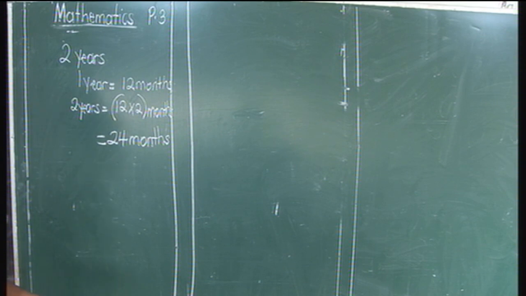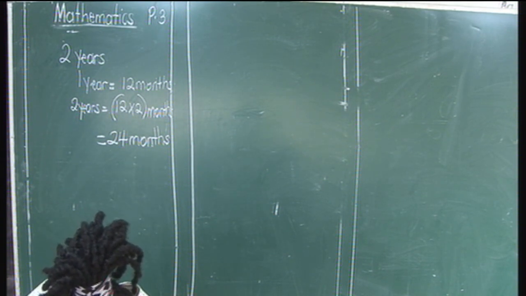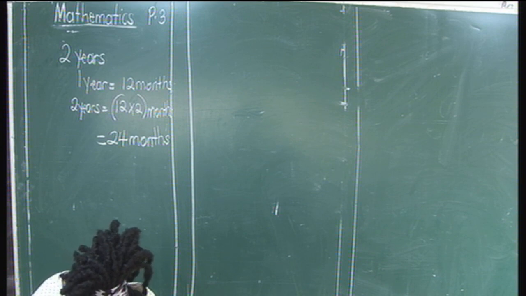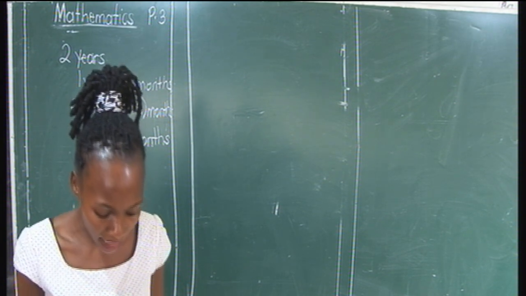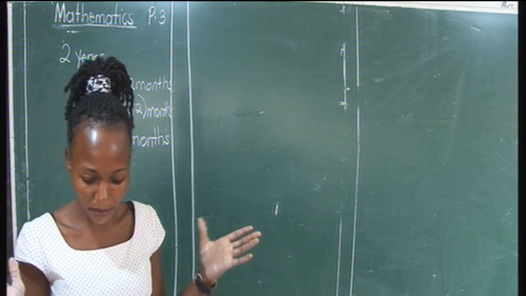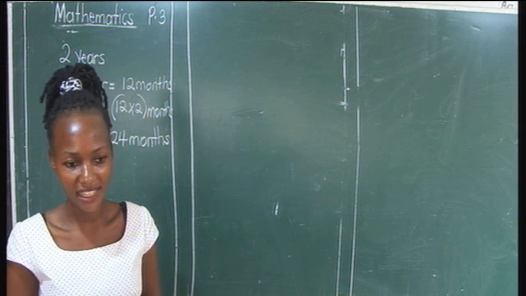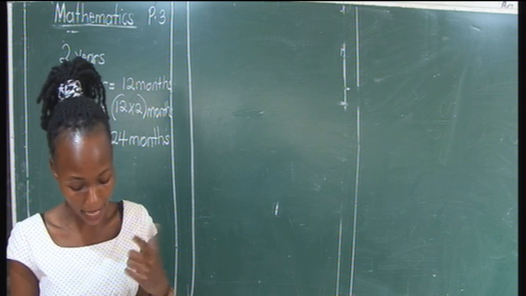Okay, 12 times 2, the answer is 24. Now, when I look at those questions, I think those were the challenging ones. Those remaining ones, you will do them for me. What is the last month of the year, the first month? Those ones are okay. But I've told you I'm going to leave you with my number. If you find them challenging, you ask me.